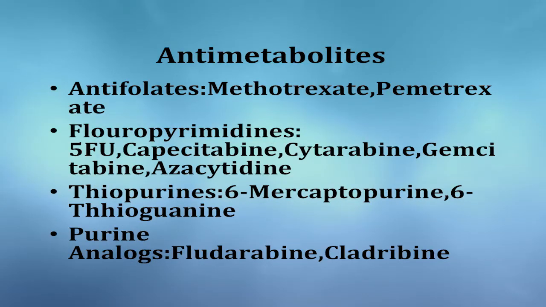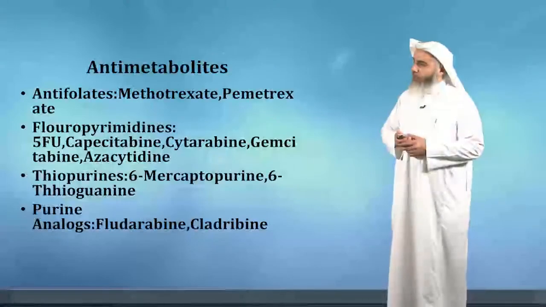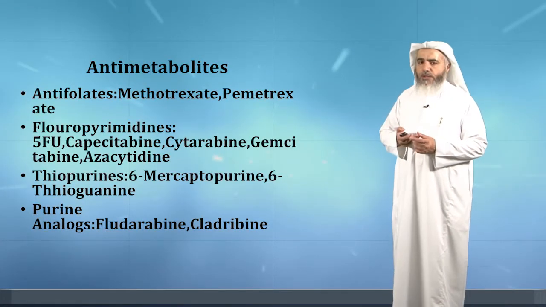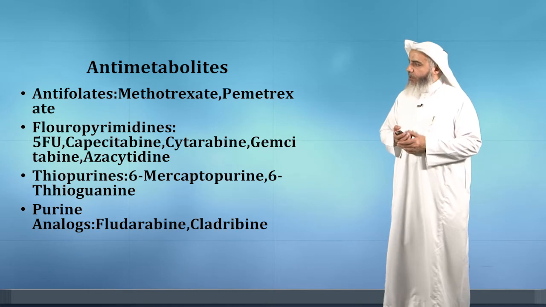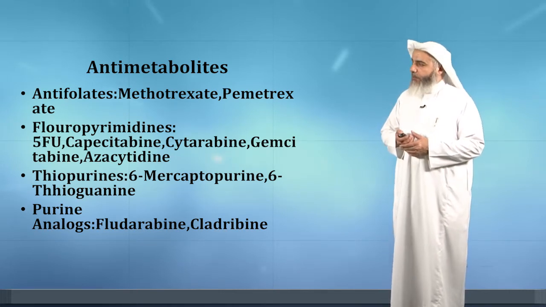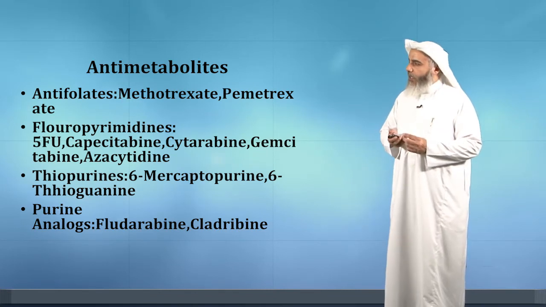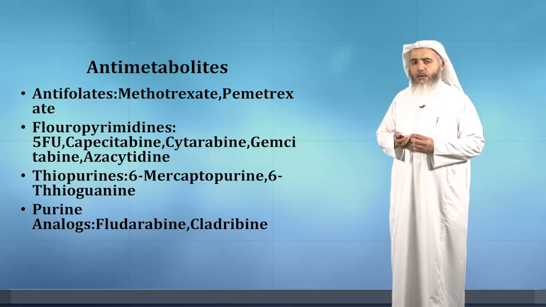Antimetabolites work on certain proteins in the cells. Examples include antifolates like methotrexate, fluoropyrimidines like 5-FU, capecitabine, cytarabine, gemcitabine, and thiopurines like 6-mercaptopurine, and purine analogs, which are similar to the purine in the cells, but it's not purine.